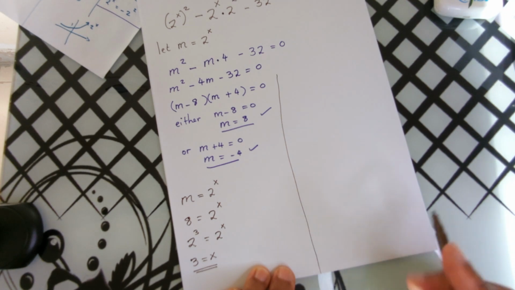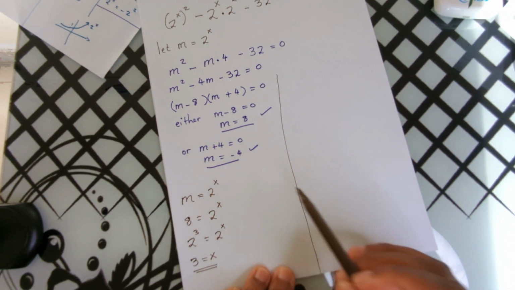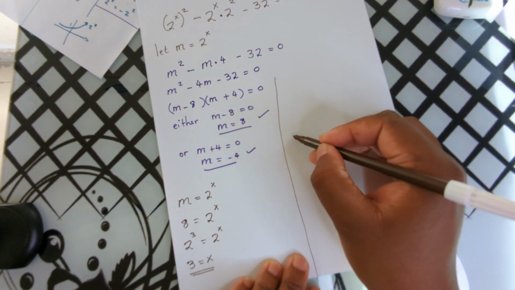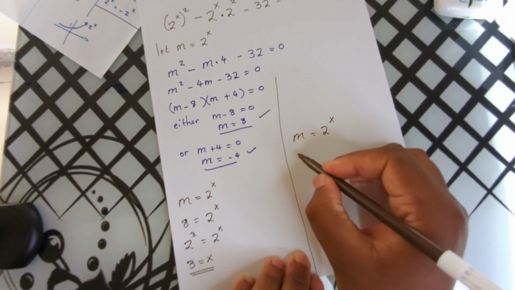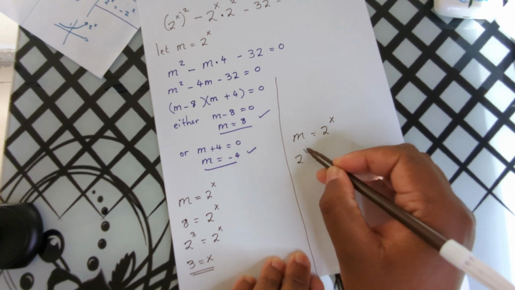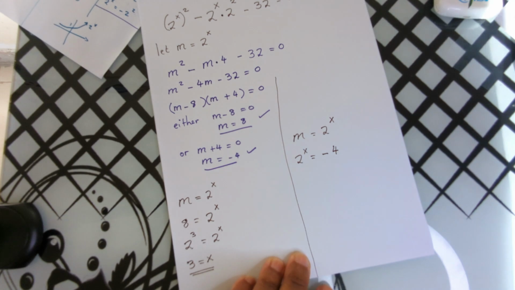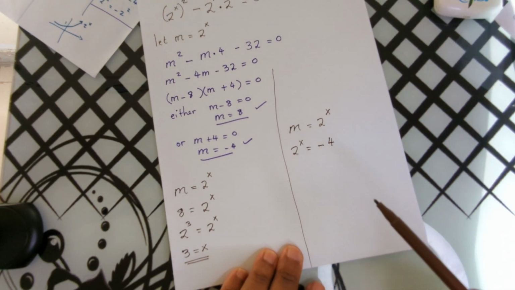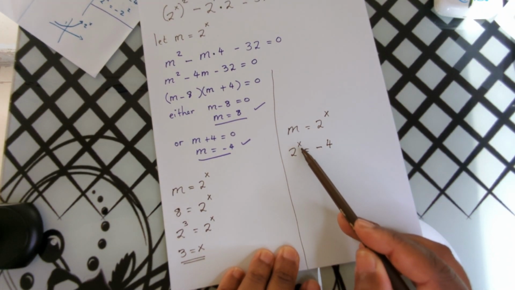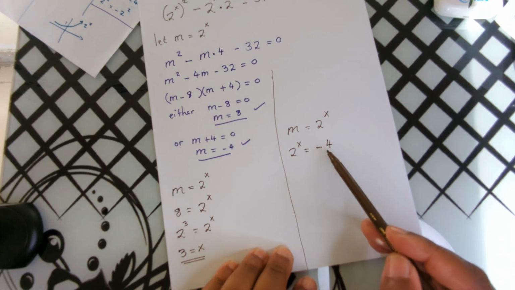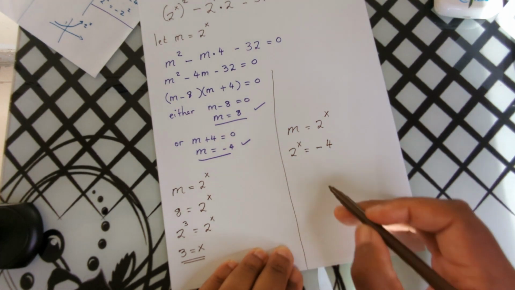And then let's try the same with m being equal to negative 4. Now let's try to replace m with -4, and you should be able to quickly realize that there's no value of x that if you put here and raise 2 to the power that value, you get -4. Why?